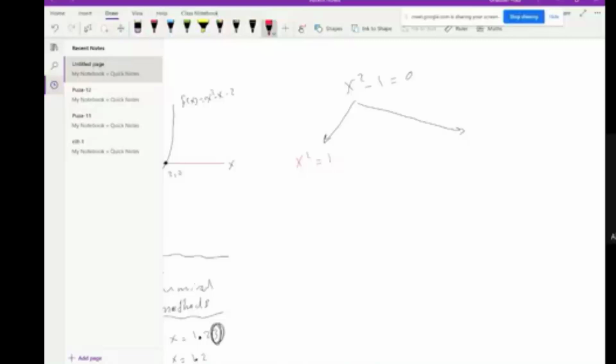Yes. Then x equal minus plus square root of 1. Then x equal minus plus 1. That means x1 equal 1 and x2 equal minus 1. Is that true?